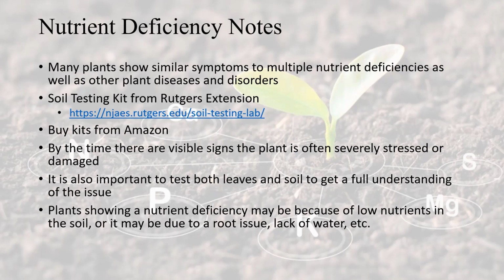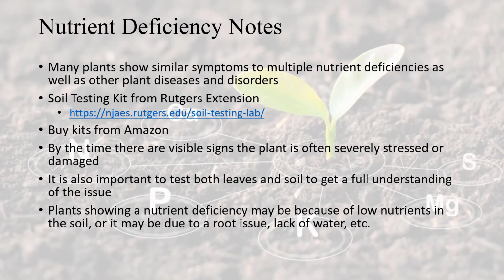By the time you're starting to see these nutrient deficiencies, your plant is often severely stressed or damaged. So it's best to do proper growing and proper fertilization, as we're going to talk about in a couple slides, to ensure you're not getting this. It may be important to test both your leaves and soil to get a full understanding of the issue if you are seeing an issue.